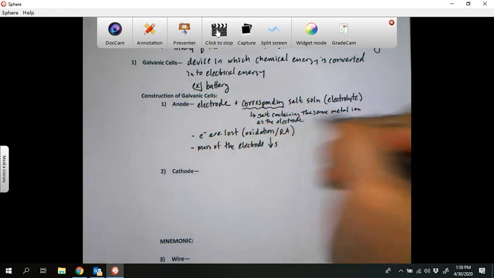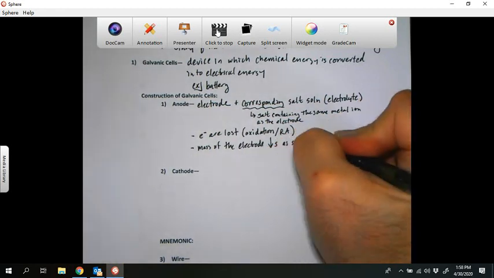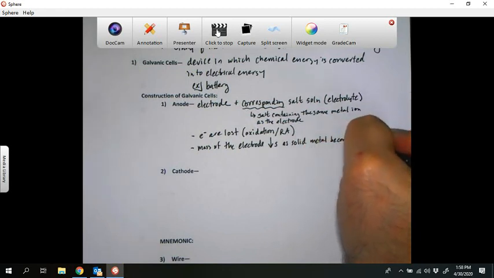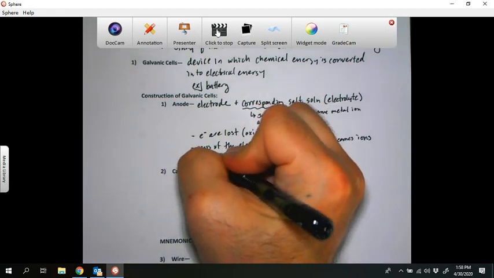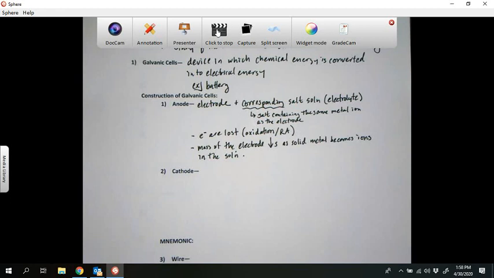So it goes down as solid metal becomes ions in the solution. So if we were to take the mass of an electrode, the metal, before and after running a galvanic cell, we would see that the mass goes down over time.